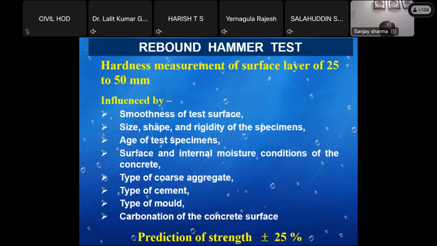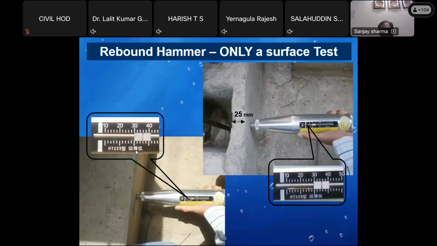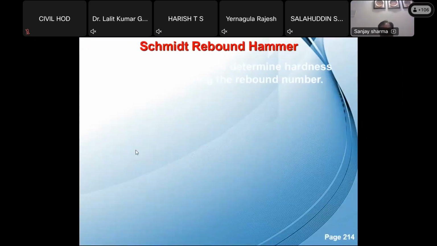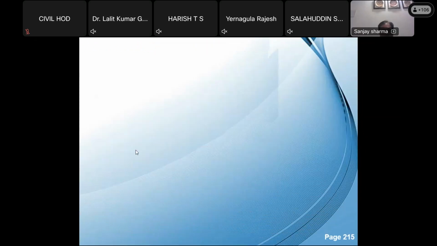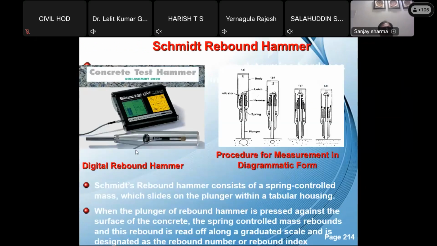No doubt, in the rebound hammer we have a standard ready-to-use graph. We get the rebound value and read it against the rebound number like this. This is one type, and it has been made simple: you get the reading on this scale.